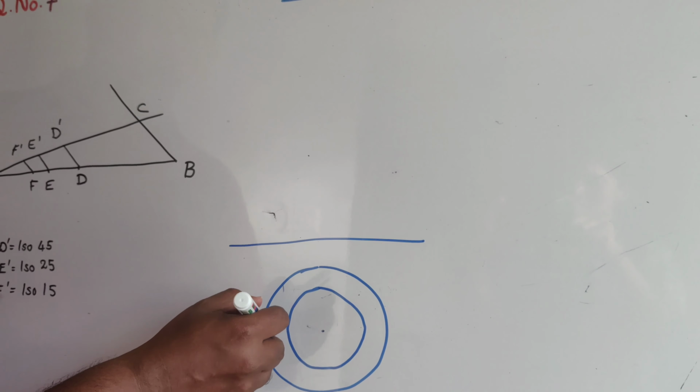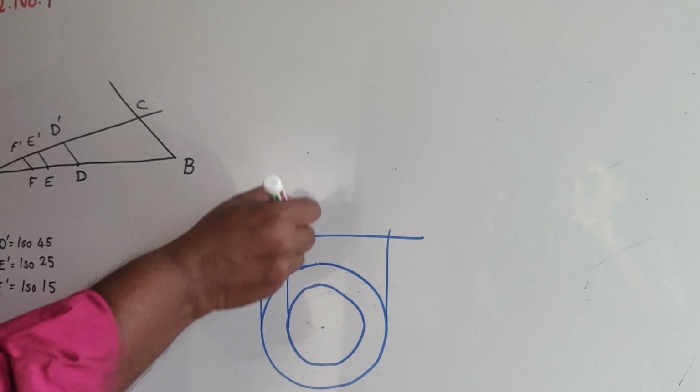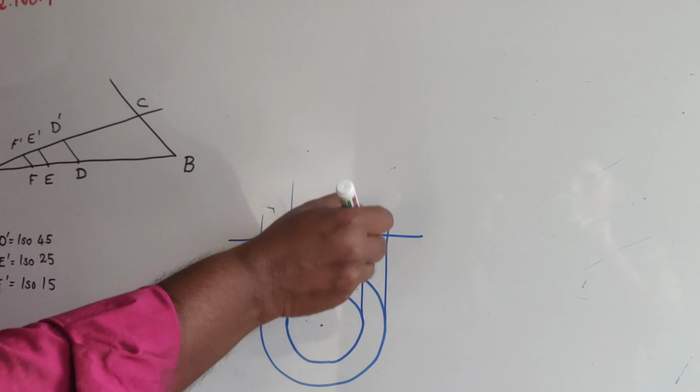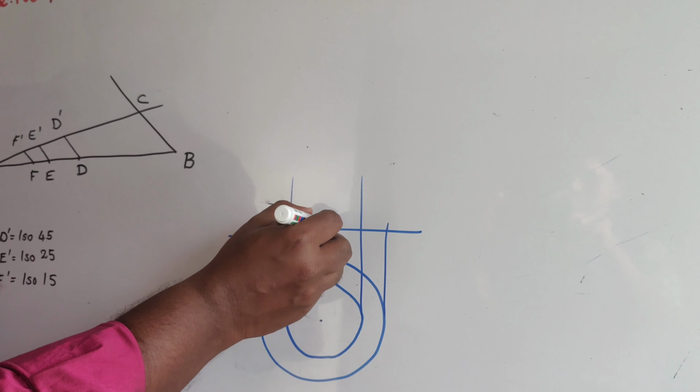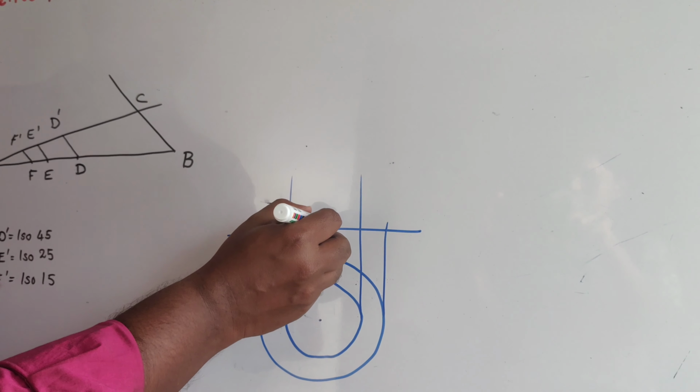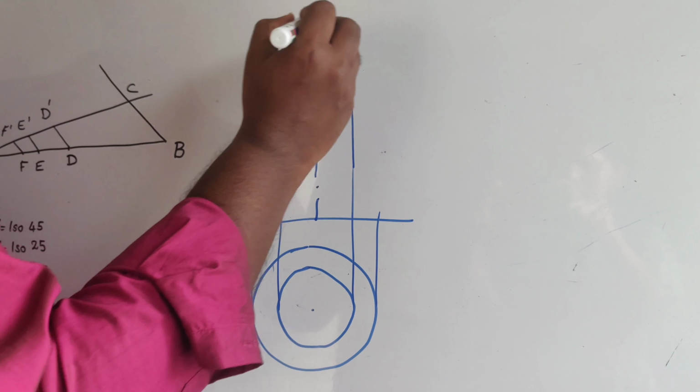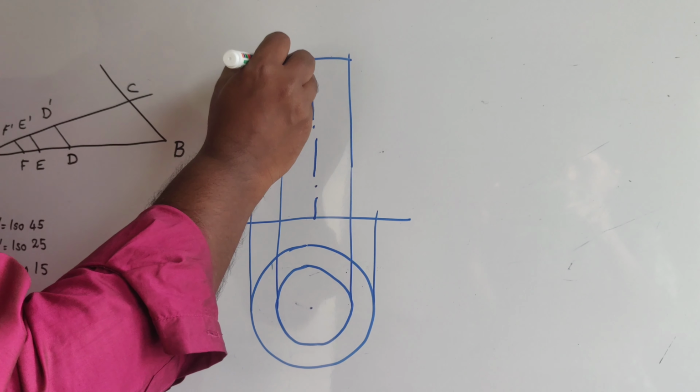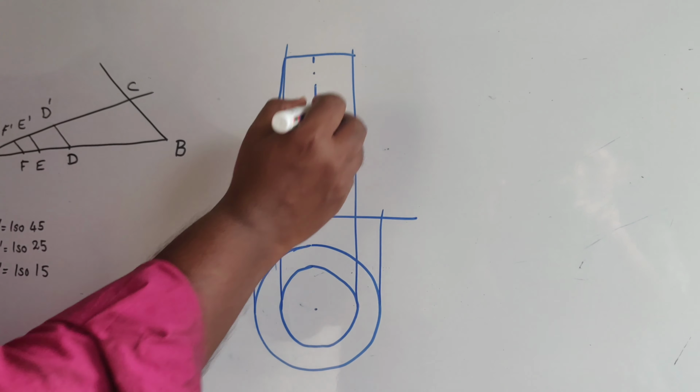Now you can project this. And you know the height is 45. So from here to here it is 45. So this is the top base and this is the bottom base.